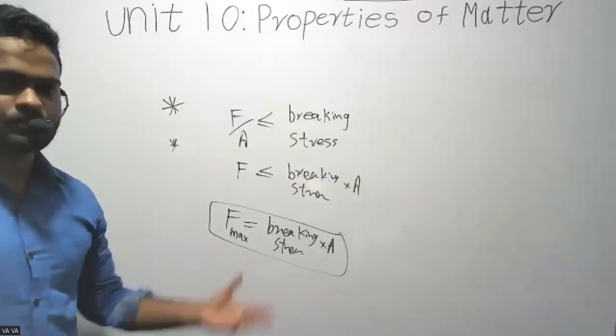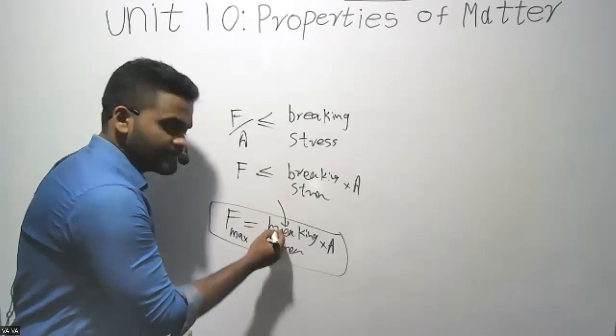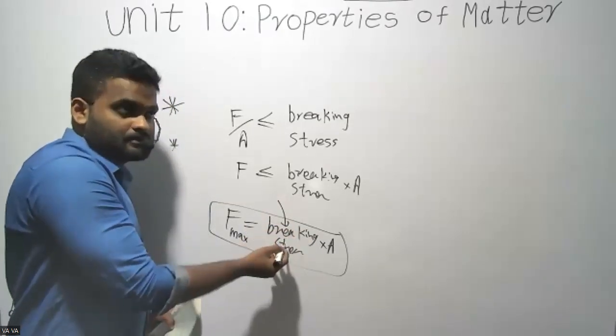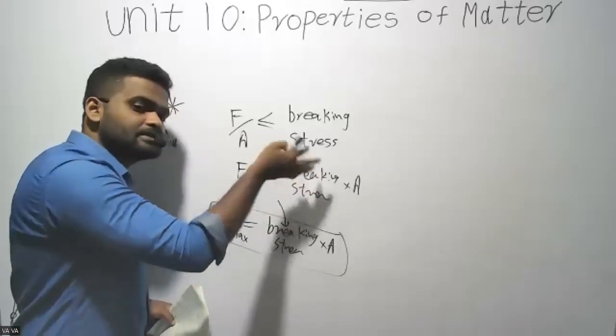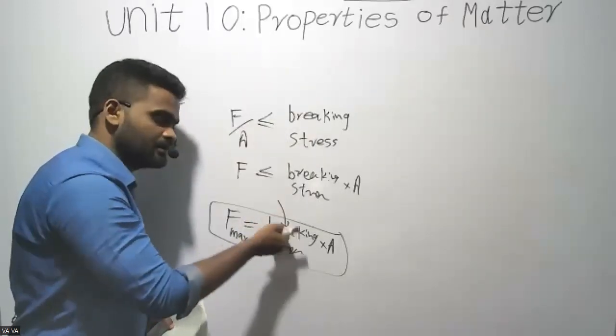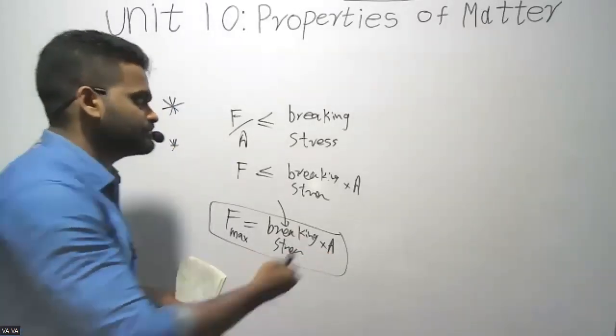Okay, so what does it mean? We know that break-in stress is specified for the type of material. Break-in stress changes only when the material changes, right? So that is break-in stress times cross-sectional area.